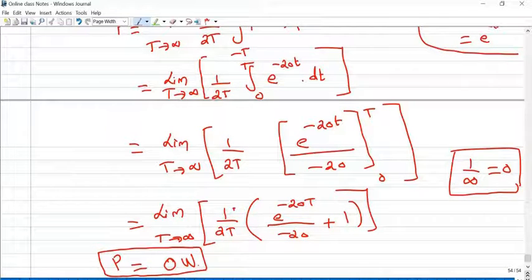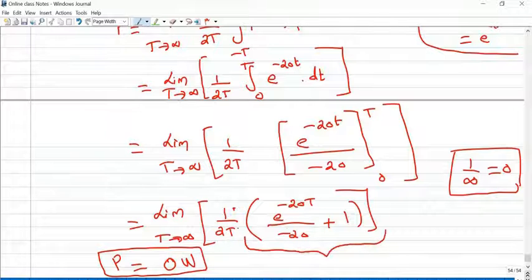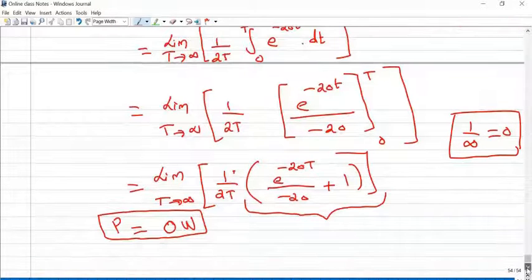So you have to substitute the t value at the last step. You have to check whether the result will cancel this t or not. If not, then in the final step 1 by infinite is 0, and 0 times anything is 0. You have to complete the problem like that.